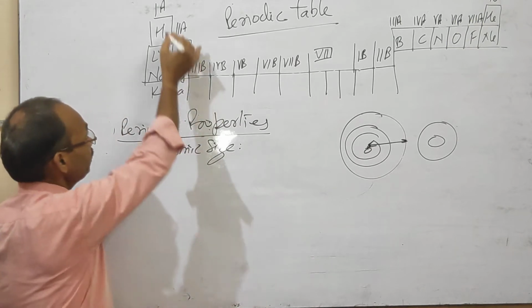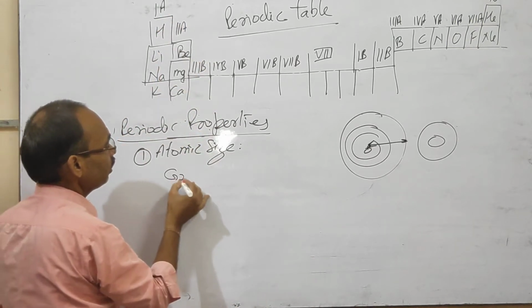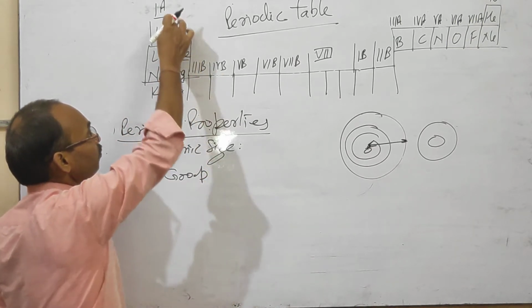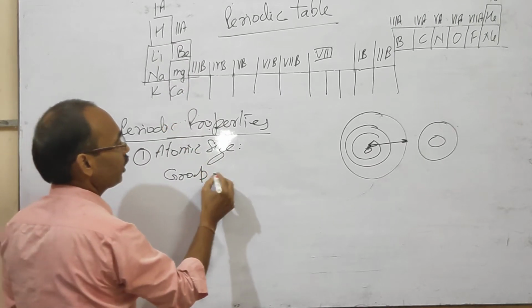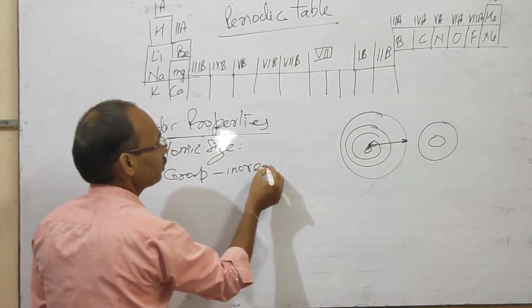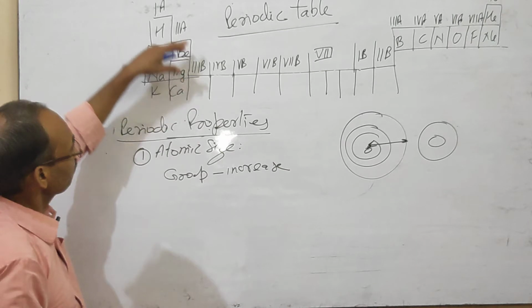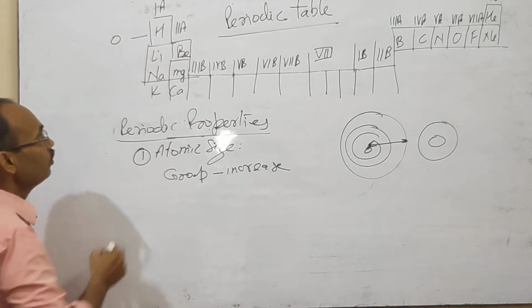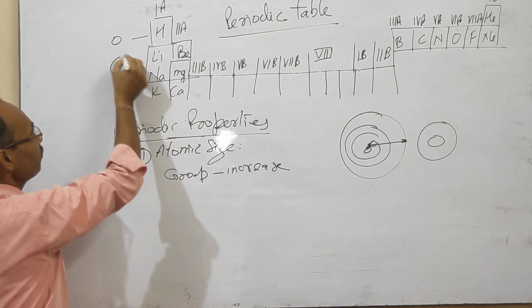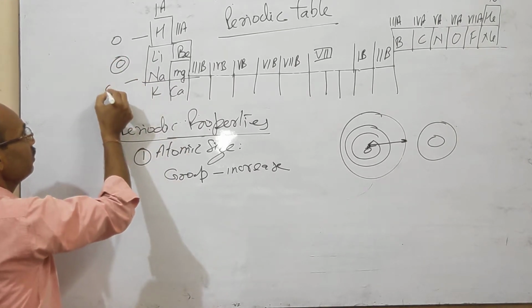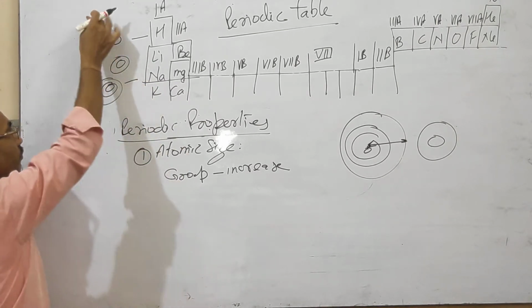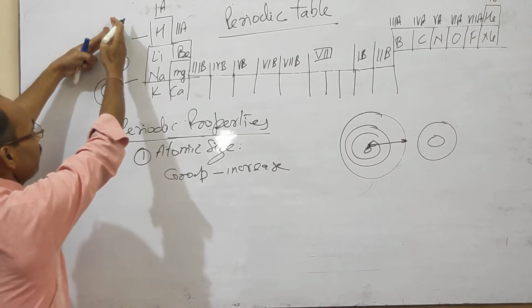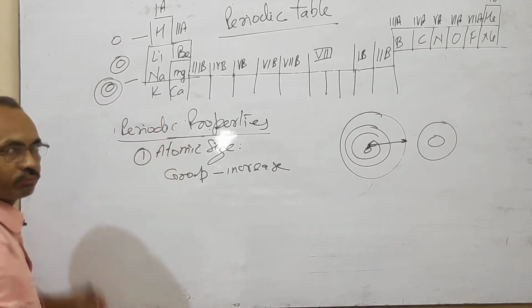So in a group from up to down, the size increases because the number of shells increases. Hydrogen has only 1 shell, while lithium has 2 shells, and sodium has 3 shells, and so the size of the atom increases.